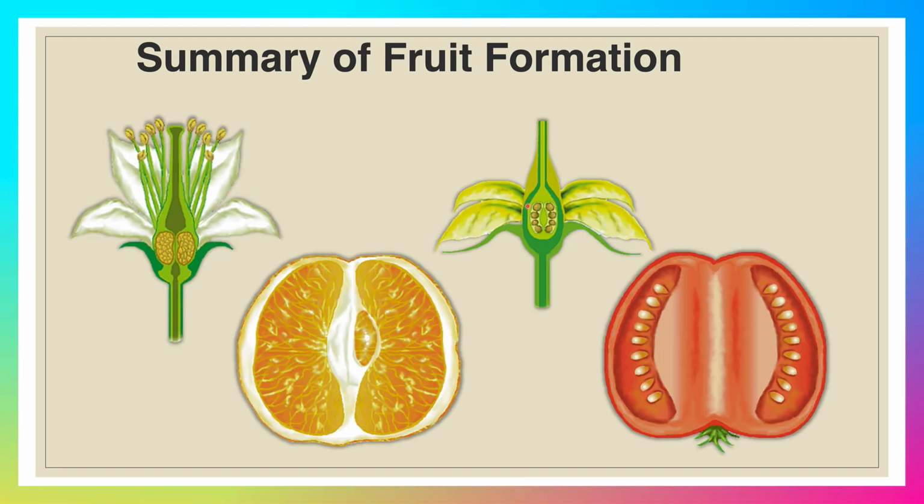And here are just some various fruit formations. This flower results in this fruit. This flower results in this fruit. We'll talk about the different kinds of fruits. This is a berry, and actually this is a berry as well.